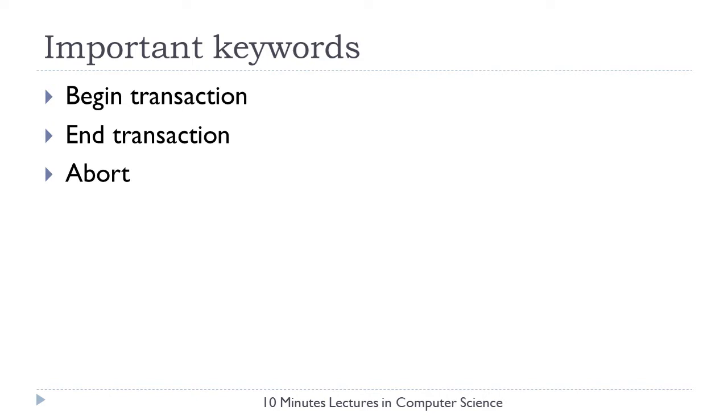The other keyword is abort. It is to mark the transaction as a failed one. Hence, we need to roll back or undo that particular transaction. The other keyword is commit. Commit is to ensure that all the changes done to the database were correct and accepted, so that we say that particular transaction is committed.